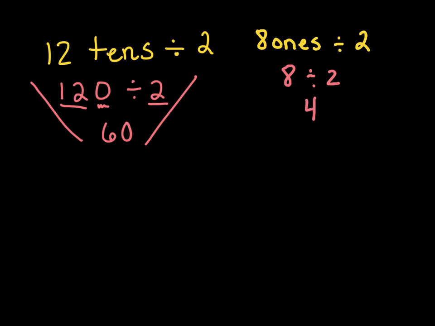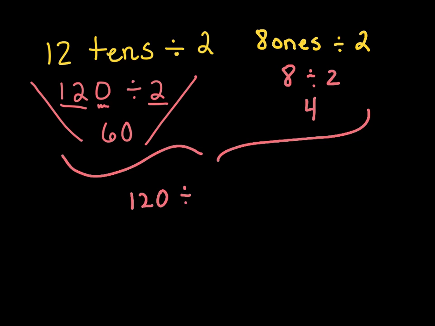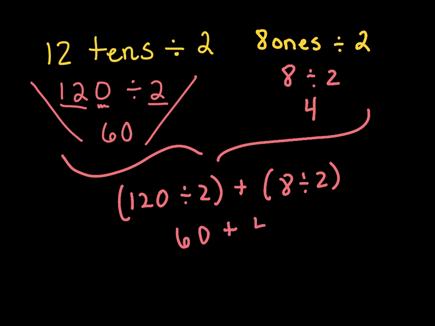So if we put this all together right here, we would say 120 divided by 2 plus 8 divided by 2, and we go to 60, because we already figured that out. 8 divided by 2 is 4, and we're going to get a quotient of 64.